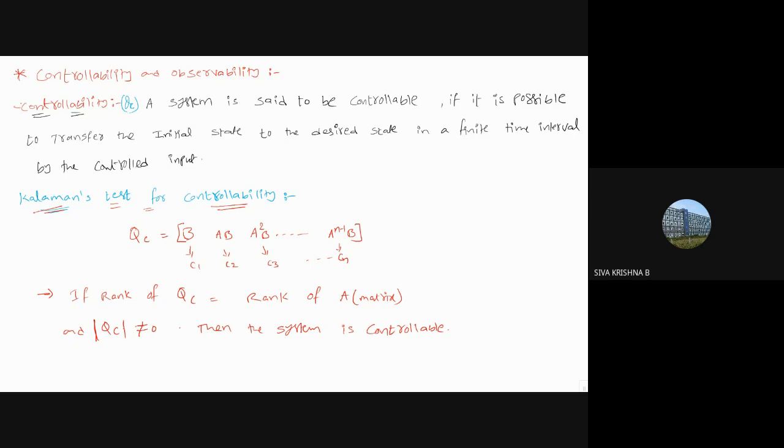Modulus is nothing but determinant. That means if you find the determinant of that matrix and you get 0, then it is uncontrollable. If it is not equal to 0, then it is controllable.